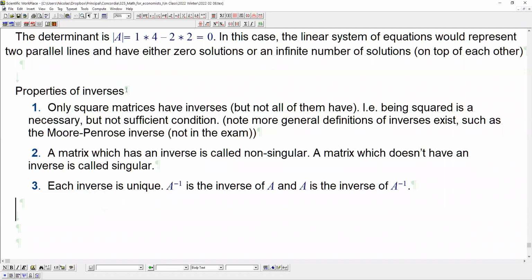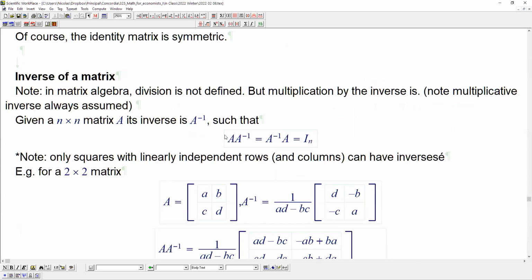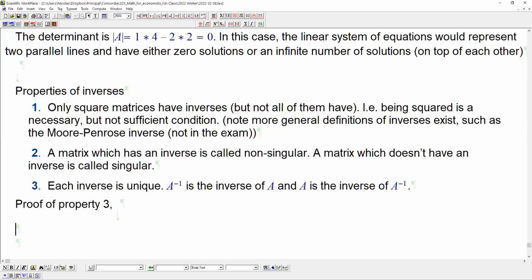So let me just prove 3. If I didn't give you that, you couldn't prove it, but if I told you that this is the case, then it's possible to prove quite easily.